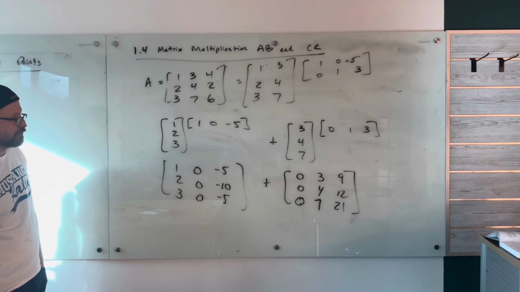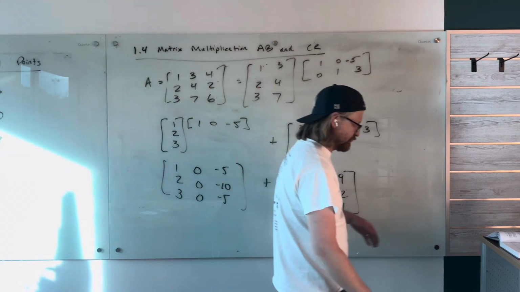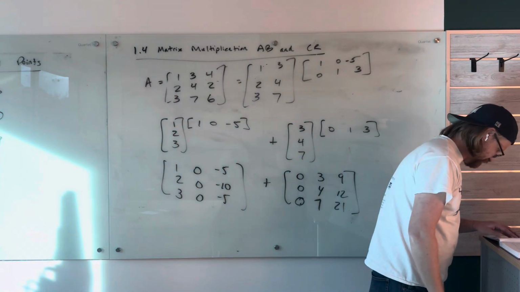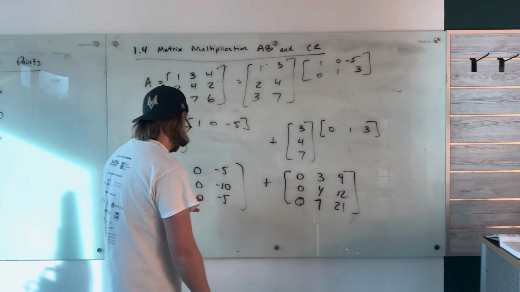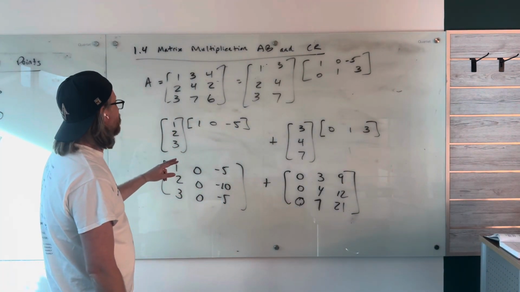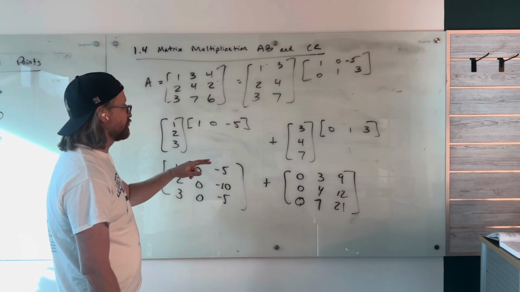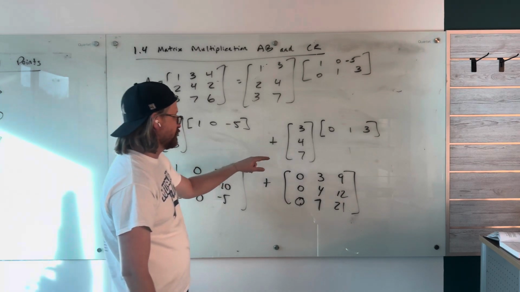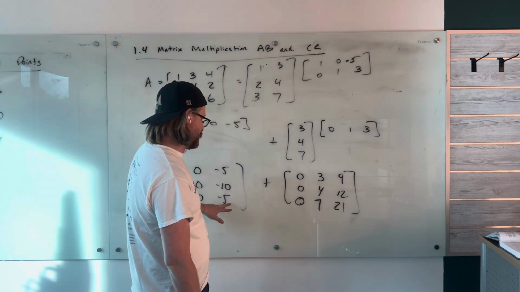Oh, my math is terrible. Let's see, double check me. So 3, 4, 7 times 0, 1, 3. So 4, 12. So that works. That works.